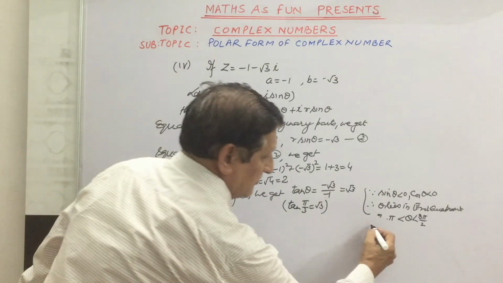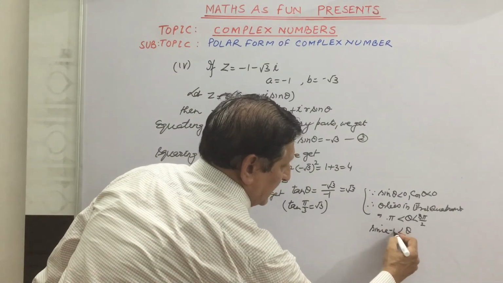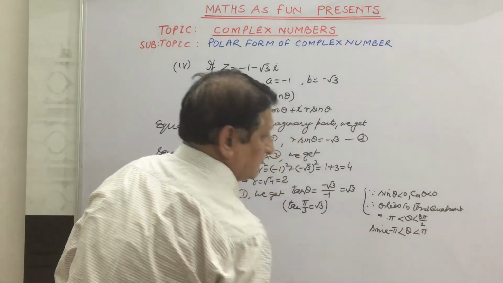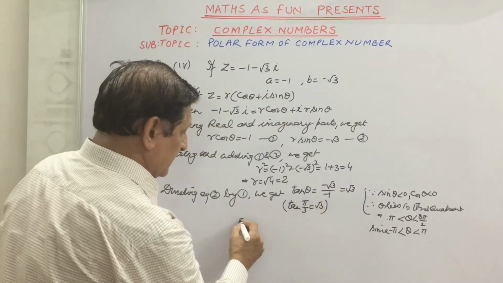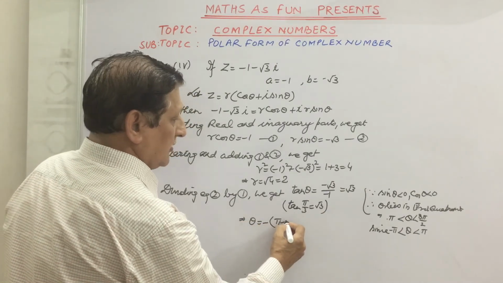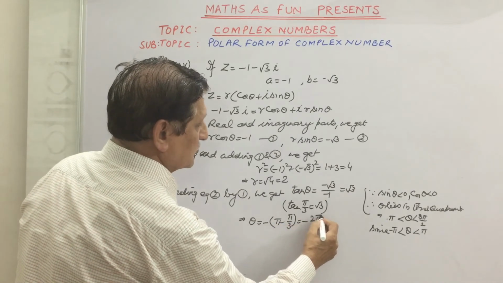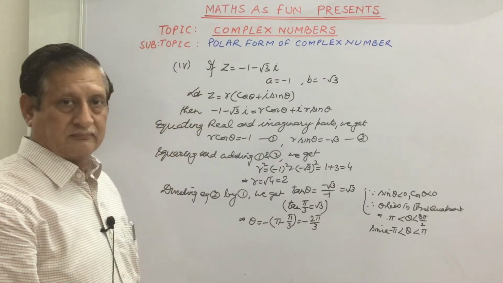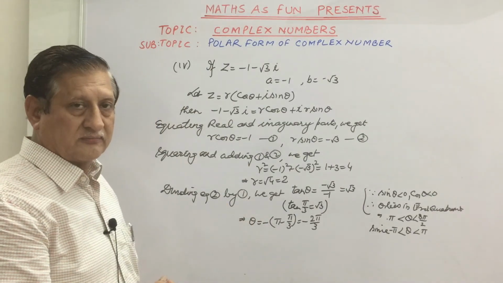But since we have theta between minus pi and pi only, therefore the value is to be taken such that theta is equal to minus pi minus pi by 3, that will be minus 2 pi by 3. This is the thing we have to remember in the third quadrant.